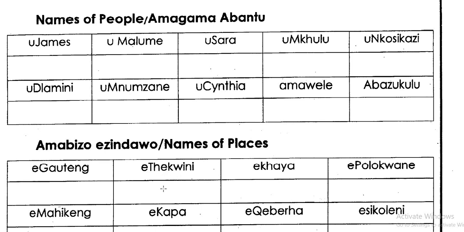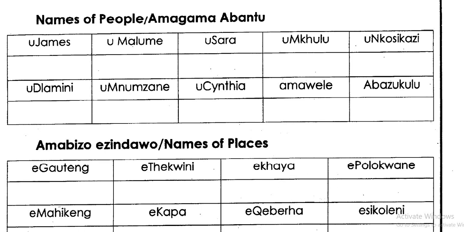They can just write Tekwini. Ekaya, the next letter is a small letter, therefore they can translate this at home. Epulukwani, Pulukwani. Emahikeng is going to be Mahikeng. Ekapa, Cape Town. That shows that all these words are places.